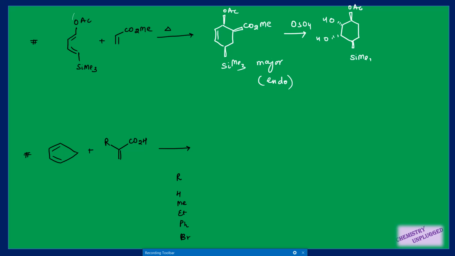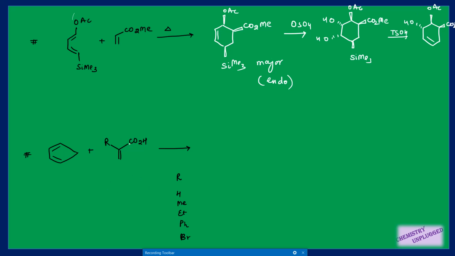Then further they have used TsOH, meaning acidic conditions, so it will show Peterson elimination. These two groups which are anti to each other will be removed, so we will get a double bond here. The same thing will be applied in the next NET examination: they can give you a mixture of all types of reactions. They can give you name reactions, reagents and a pericyclic reaction in the same question, right? So you have to apply all things together.